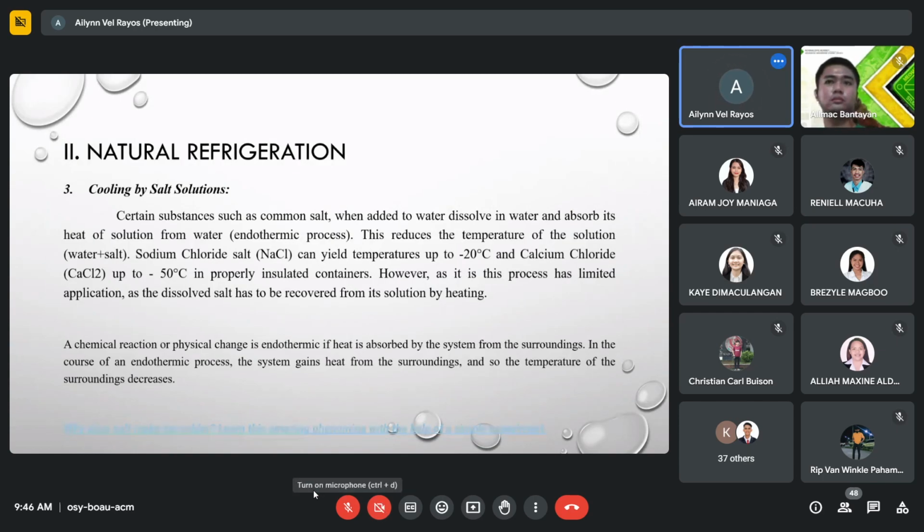So what do you think is the useful effect of having lesser temperature in terms of cooling? So, ibig sabihin, mas mapapatagal niya yung cooling effect. Kasi kung halimbawa, ice lang siya without salt solution, kumbaga mas mabilis. Kapag negative 12 degrees Celsius, ibig sabihin, mas matagal yung magiging cooling effect niya kasi mas mababa yung temperature niya.